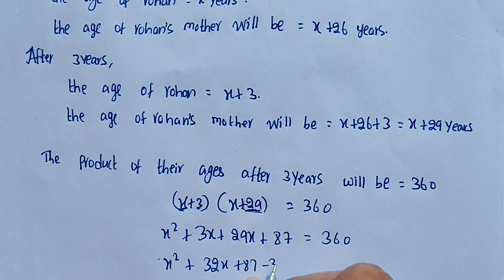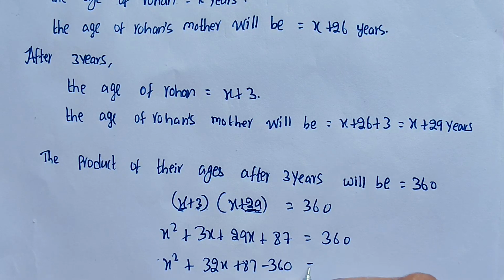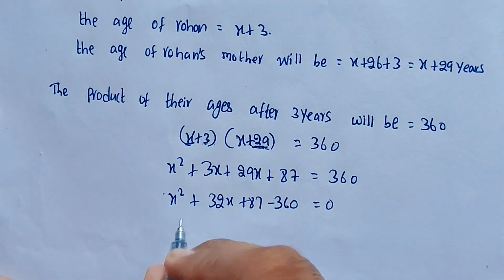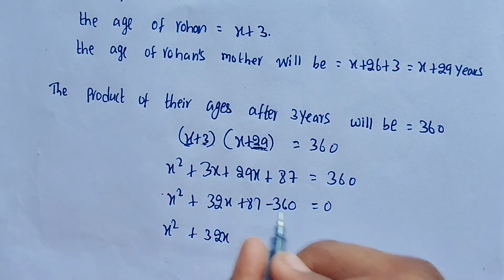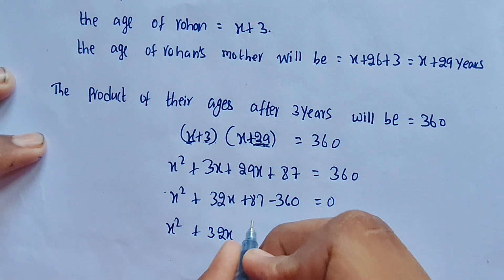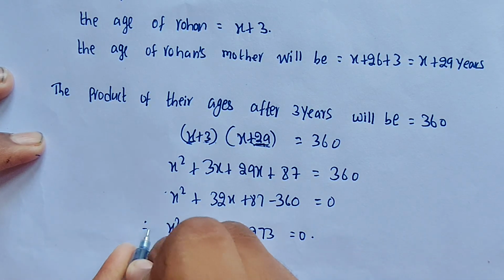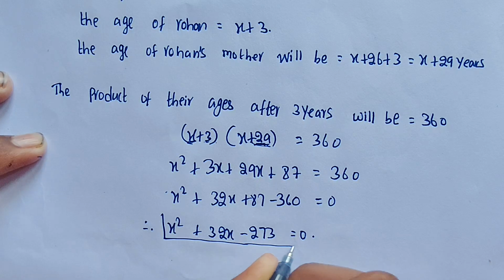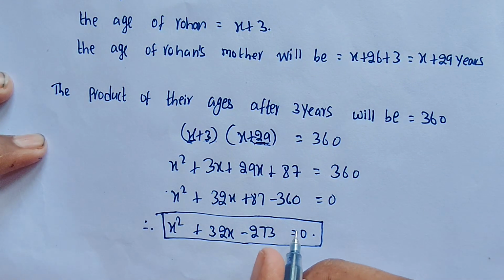It will become minus 360 equals to 0. So x square plus 32x minus 360 plus 87 is minus 273 equals to 0. Therefore, we got the quadratic equation x square plus 32x minus 273 equals to 0.